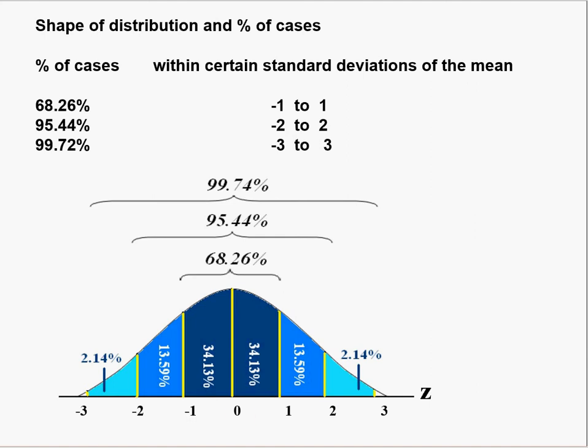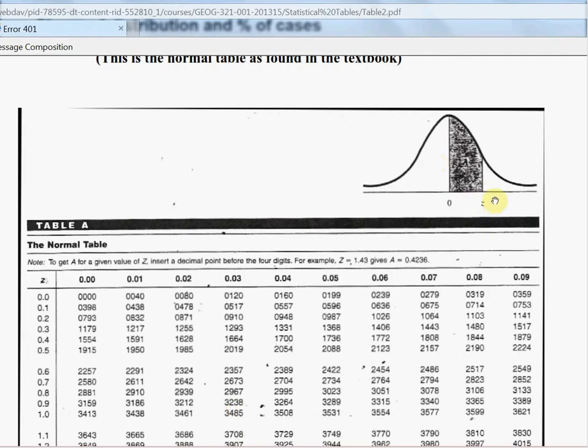So from the mean up to a z-score, you can find them here. If this z-score is 1, that's why you find 34.13. So this is a shaded area. If this z-score is 1, this shaded area will be 34.13%.